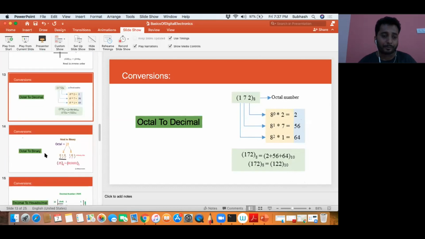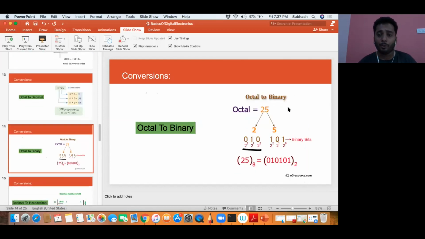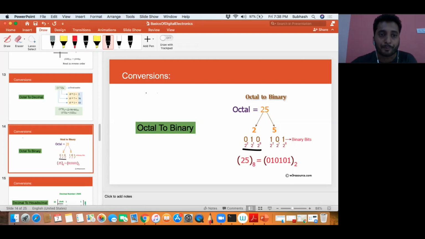And now we'll have to do octal to binary. How do I convert from octal to binary? Very simple. Suppose I have given you an octal number 25. So 2 should be represented in binary, 5 must be represented in binary.